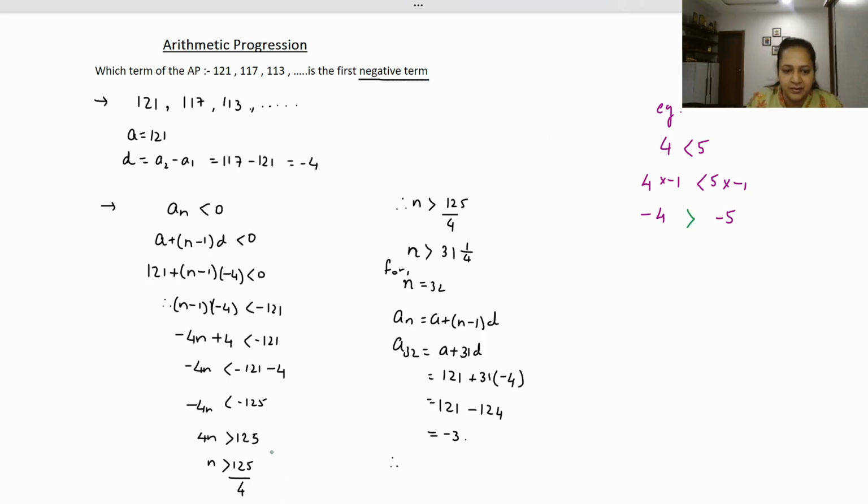This is what we have applied over here. If you can see, we had minus 4 less than minus 125. When we multiplied both sides with minus, minus became plus, and at the same time the inequality changed. And that is how by solving, we get the 32nd term of the given AP is the first negative term. I hope you all have understood.